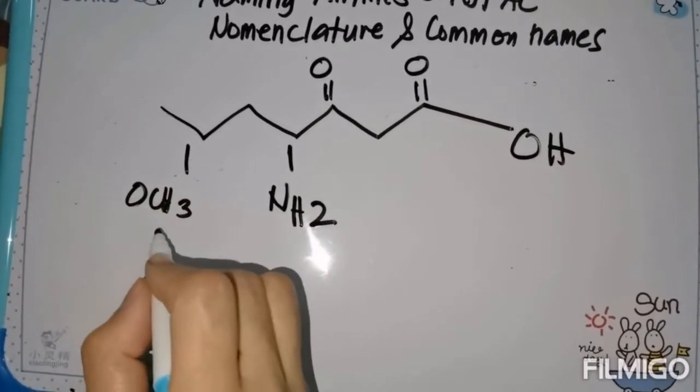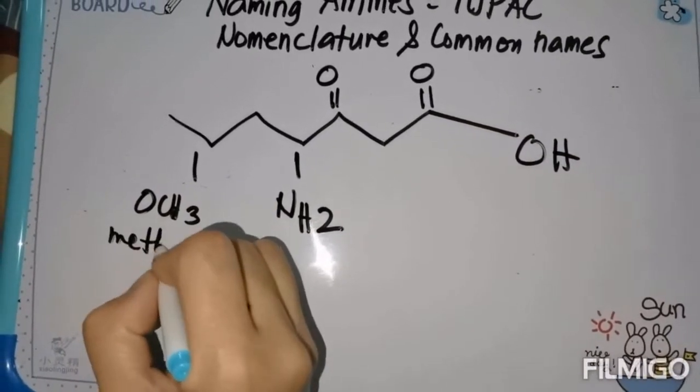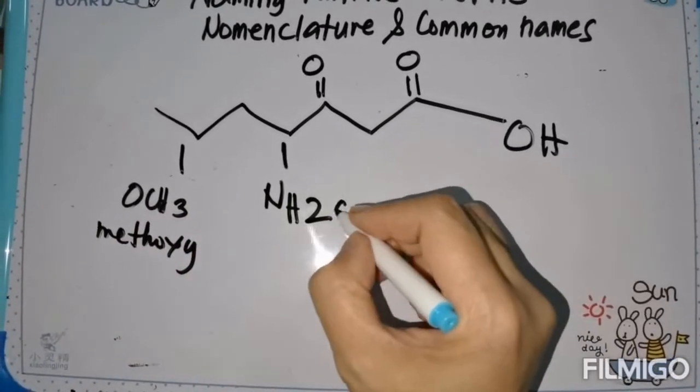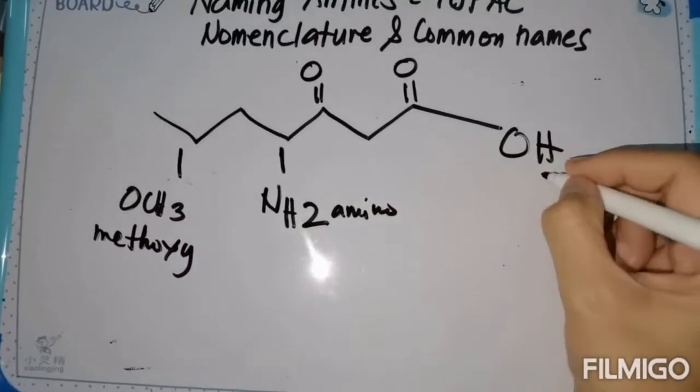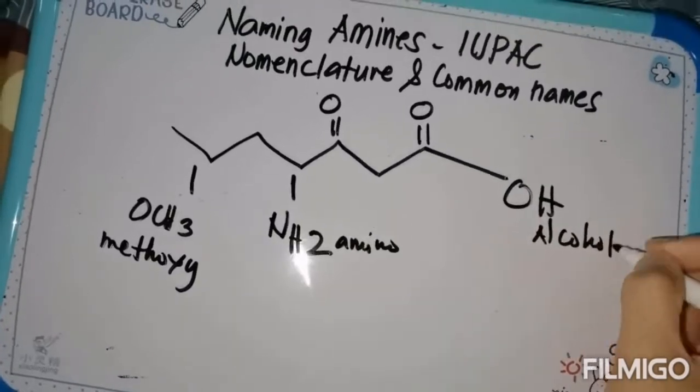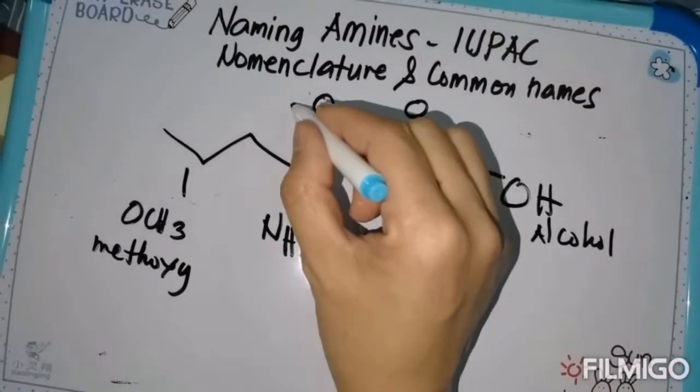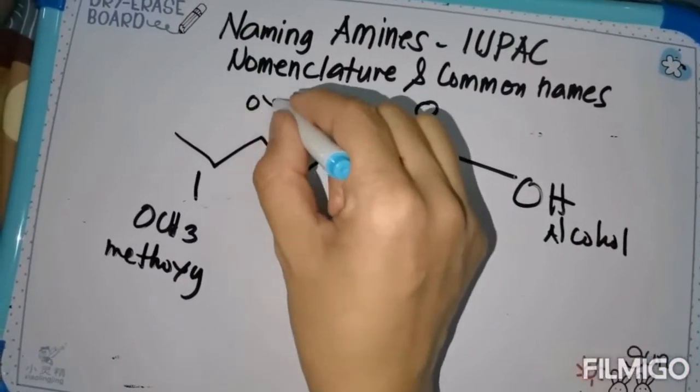Okay, so we call it methoxy, and this is amino, and this is an alcohol, carboxylic acid, and this is a ketone. Okay, oxo as the ketone.